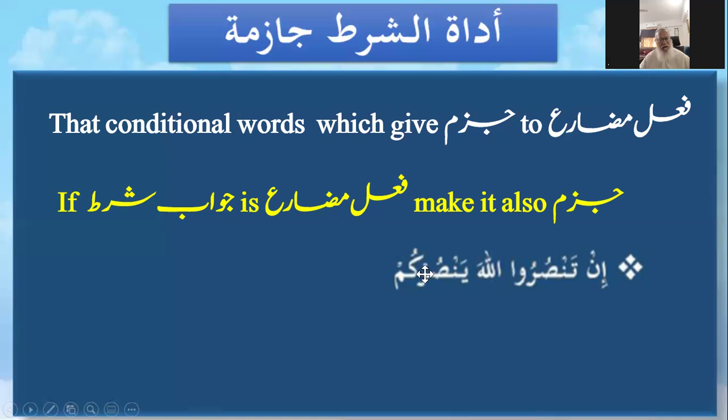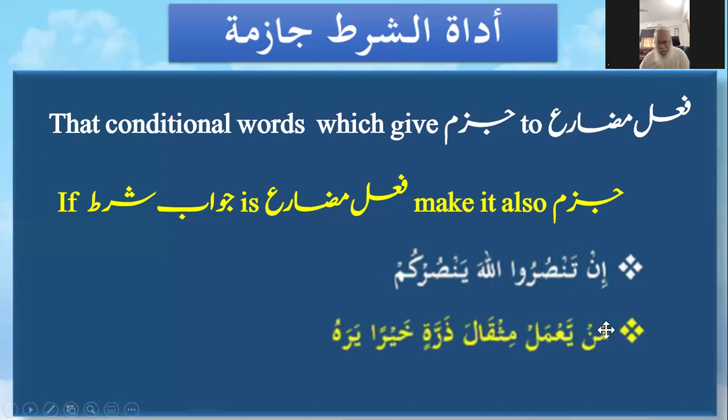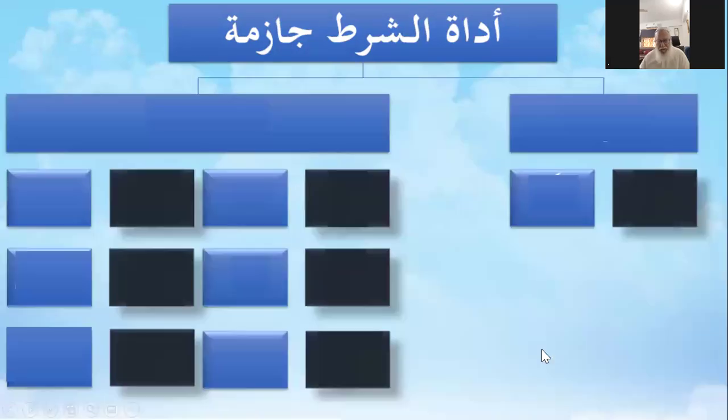The dhamma is gone. You know, when in, man, ma come, they chop two words. They act on the shart as well as the jawab. They act on two words in a sentence. The next one, man ya'mal mithqala dharratin khayran. It was ya'malu. It was yarahu. Both have been chopped.